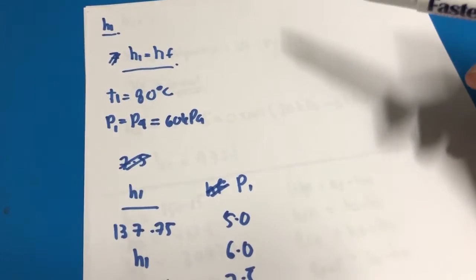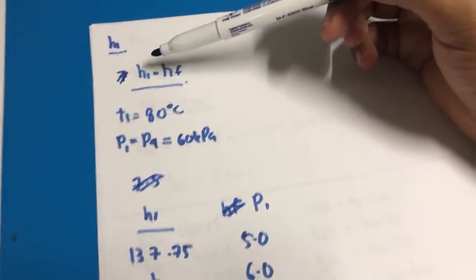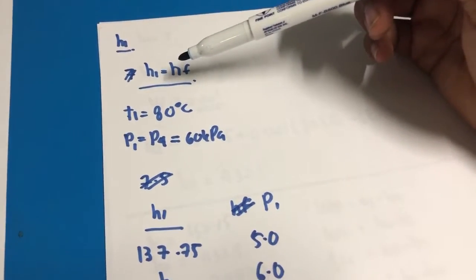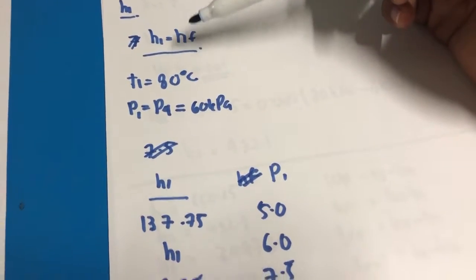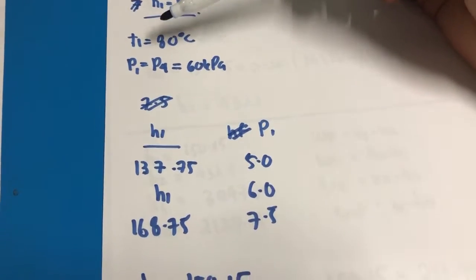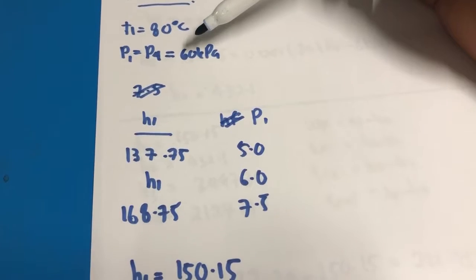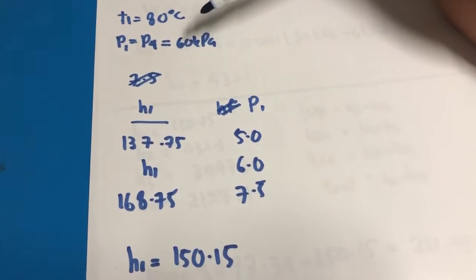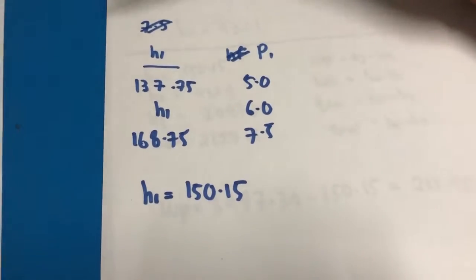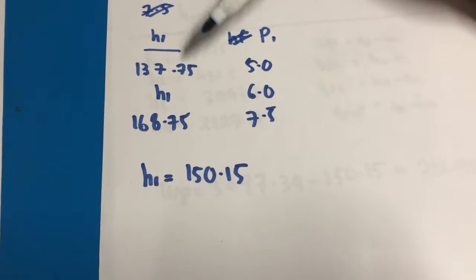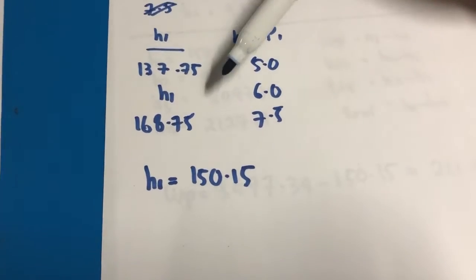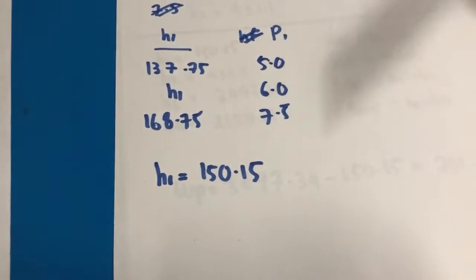Now H1, which is a saturated liquid, so H1 equals HF. From the H1 process, we know that T1 equals 80 degrees Celsius and P1 equals P4, which is 60 kilopascal. There is no HF in this table, so we must again do interpolation, and we get H1.